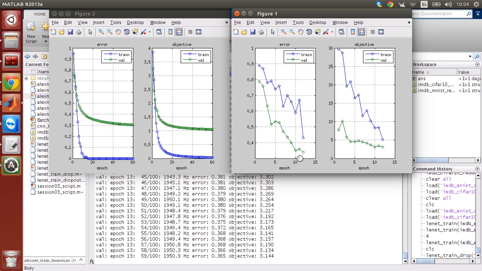We have already reached 30% of error in 15 epochs, while before it took us like 40. We're even going down below 30.